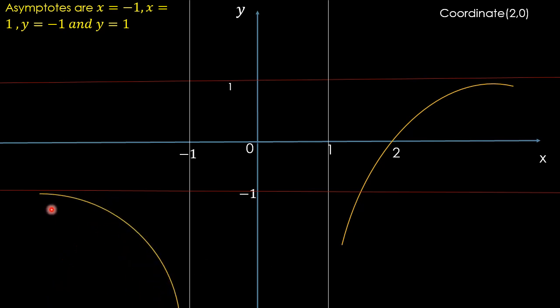Good. So it is going to respect this horizontal asymptote this way. It is going to respect it so well. Then it will also respect the vertical asymptote. So it's going to come closer to it, but never touch it. Great. So guys, this is the curve of y equals f of x. So we can simply label that as the curve of y equals f of x. Good. So guys, this is how the curve looks like.